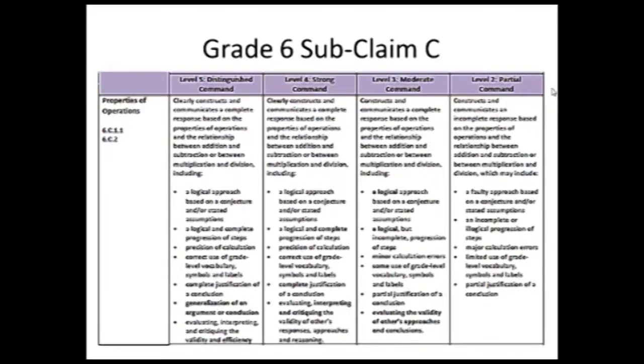Now, I want to make a couple notes, and this is appropriate not just for 6th grade, but 7th and 8th as well. What you'll see underneath the left-hand column where it has the topical area is this 6C 1.1, 6C 2. The C comes from the assessment blueprint.